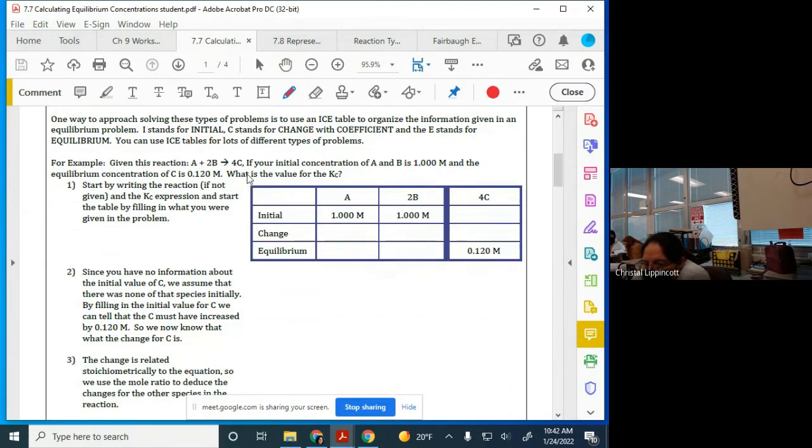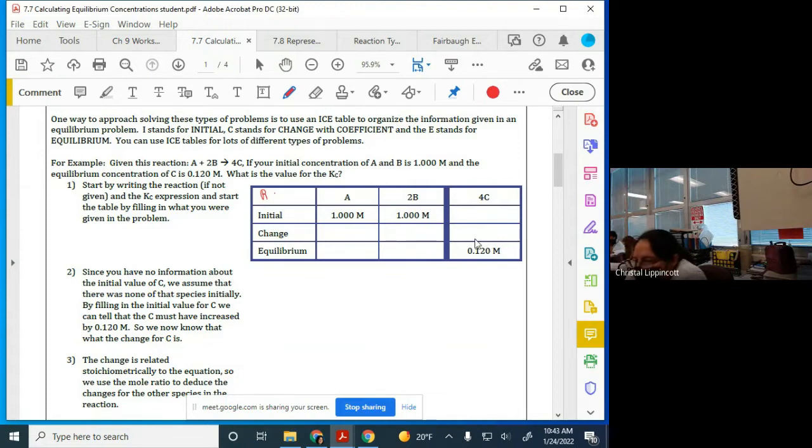One way to approach those is with these ICE tables: initial, change, equilibrium. Sometimes you'll even see them called RICE tables, and the R stands for reaction. So if we're given this reaction, and they're telling us that we have an initial concentration of A and B that's 1 molar, and when we are done, our C is at 0.12, they want to know the value for Kc.